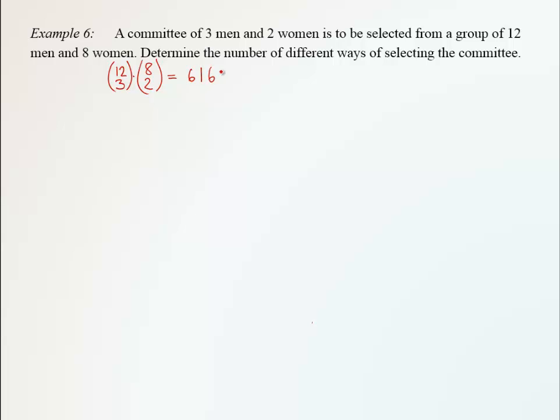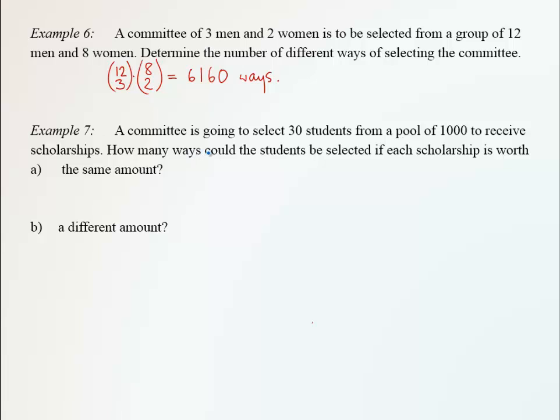So altogether you should end up with 6,160 ways. A committee is going to select 30 students from a pool of 1,000 to receive scholarships. How many ways could the students be selected if each scholarship is worth the same amount? Well, we need to select basically just 30 students out of 1,000.